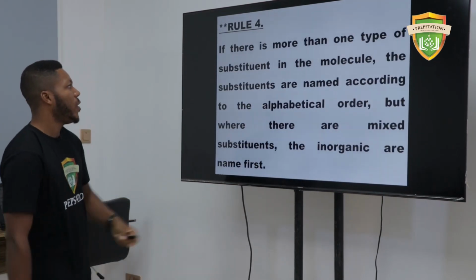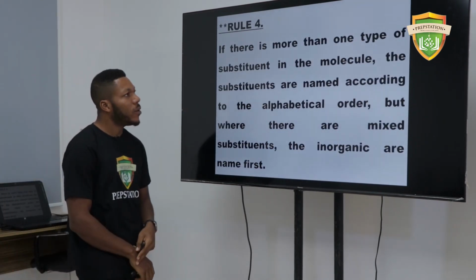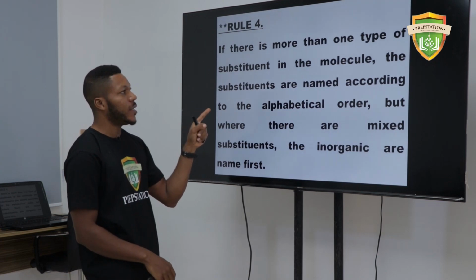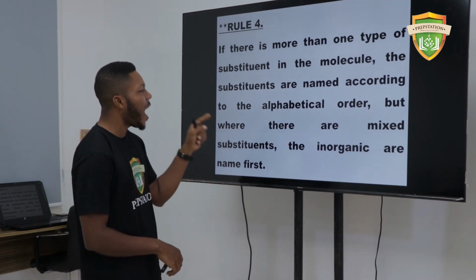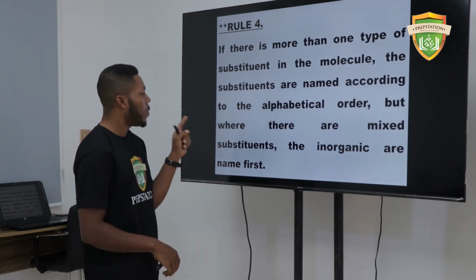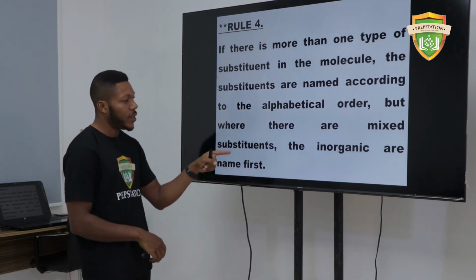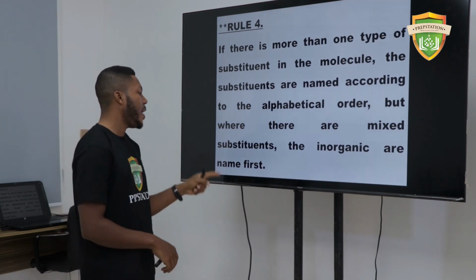Then rule 4. If there is more than one type of substituent in the molecule, the substituents are named according to alphabetical order. But where there are mixed substituents, the inorganic are named first.